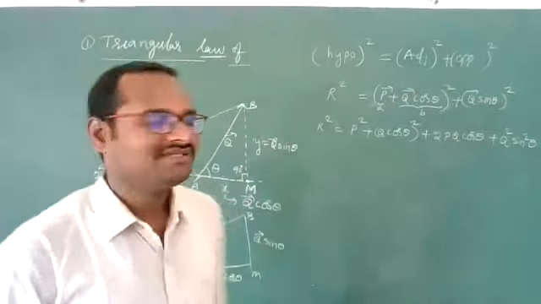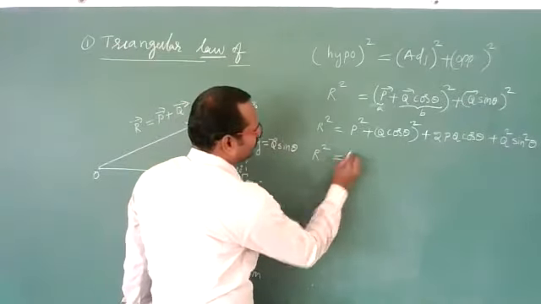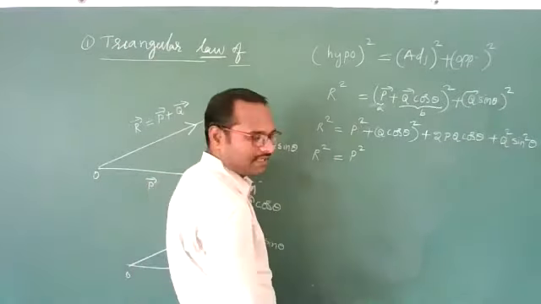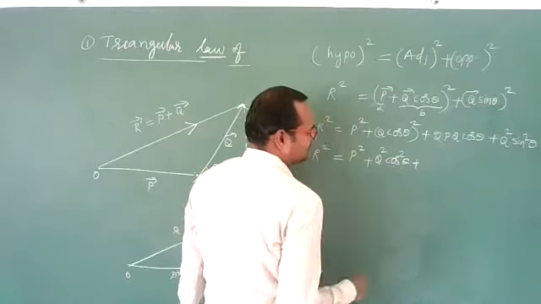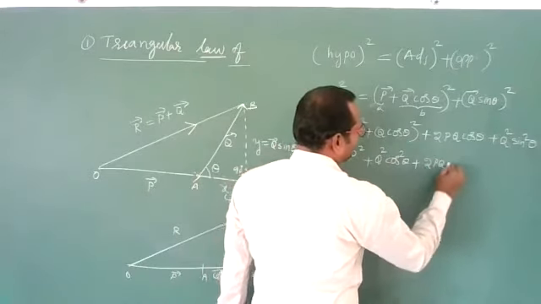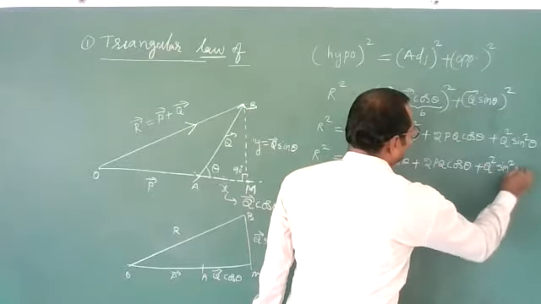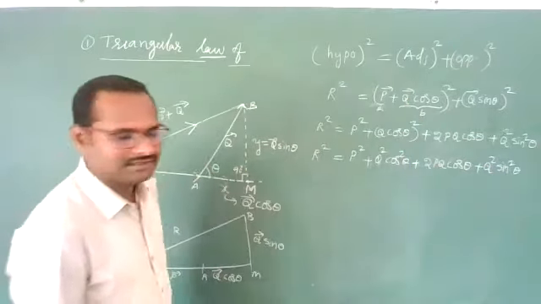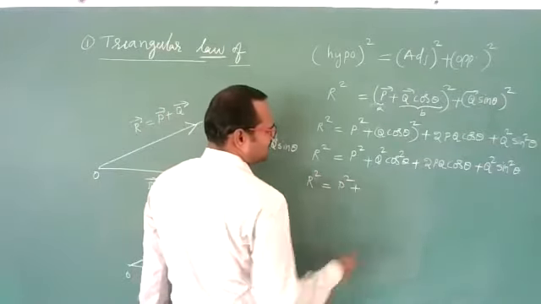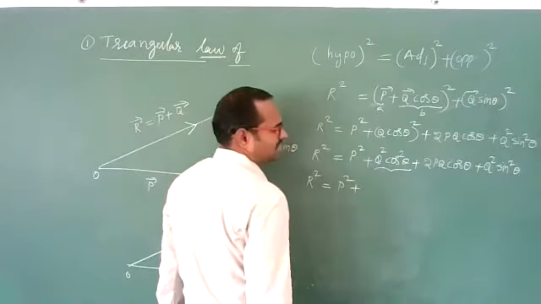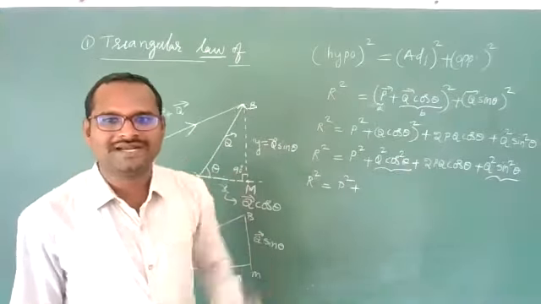Yeah, students. So what will you get, Nana? You will get R square is equal to P square plus Q square cos square theta plus 2PQ cos theta plus Q square sin square theta. Correct? Yes. See here, Q square sin square theta, cos square theta is there. Here Q square sin square theta is there. Let's take Q square common.